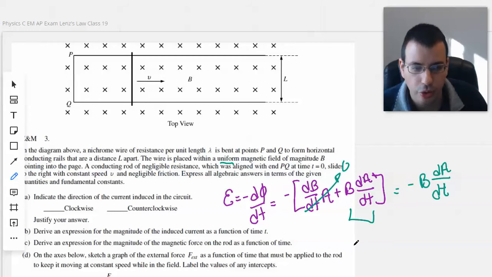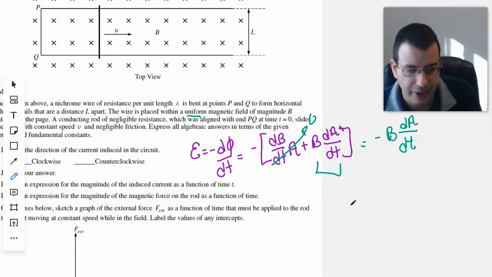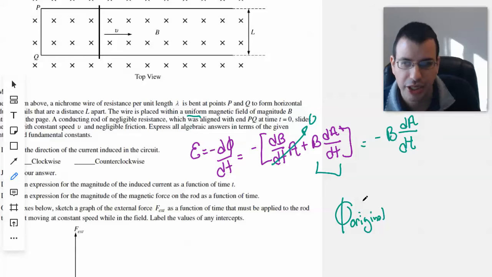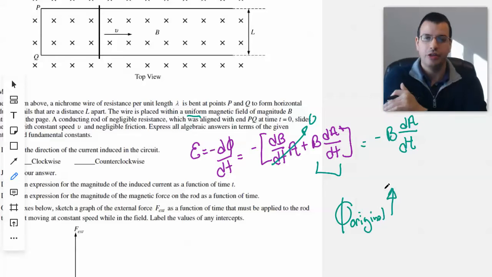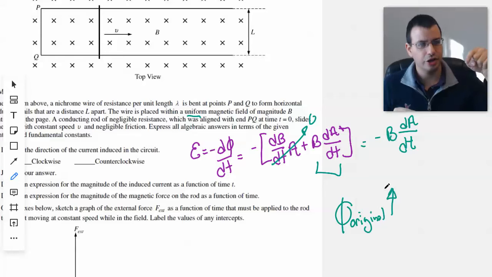And so we have a magnetic flux, original, which is getting bigger. So magnetic flux is getting bigger because the magnetic field is constant, but the area is getting bigger. I think in our previous problems, we've always had the magnetic flux go down.